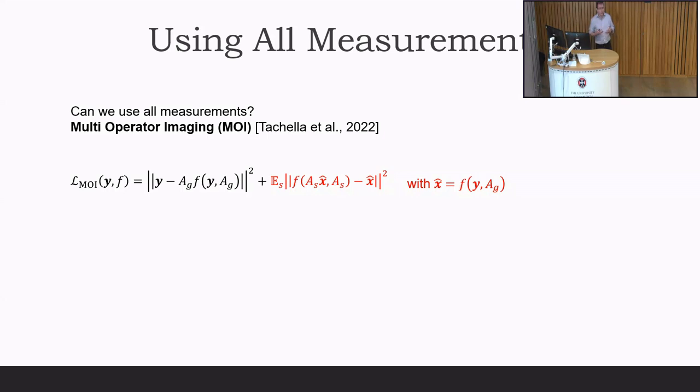Can we use all the measurements? Because if we can use all the measurements, we should expect to get something that's substantially better and more powerful.